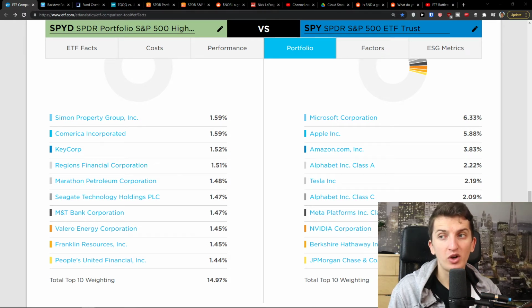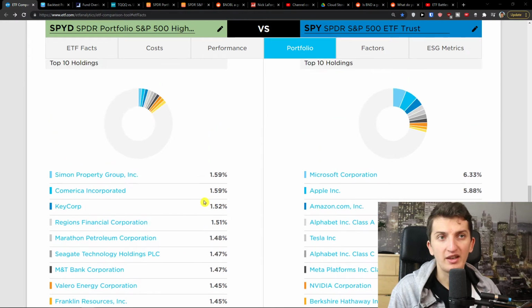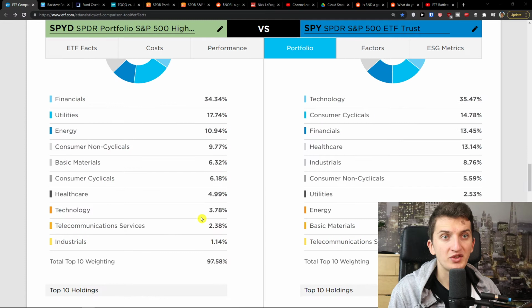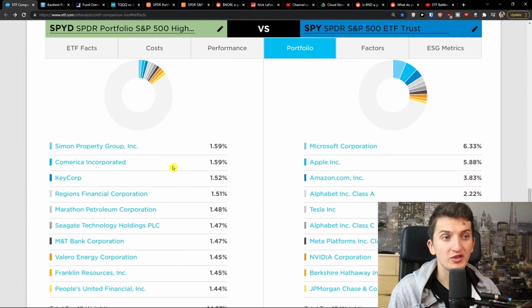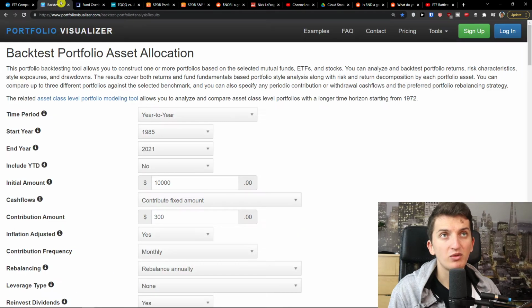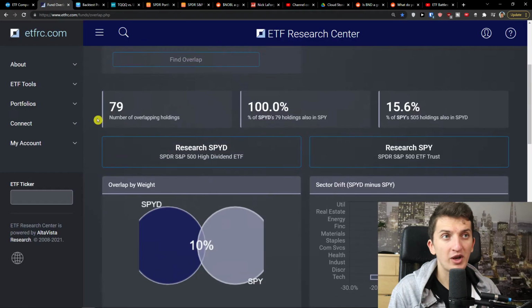But we are going to look at the performance here. They've got those sector imbalances. When you look here, you see the financials, utilities, energy is hardcore, basic materials. So let's see how the fund overlap is here. All those 79 holdings that are in SPYD are also in SPY.